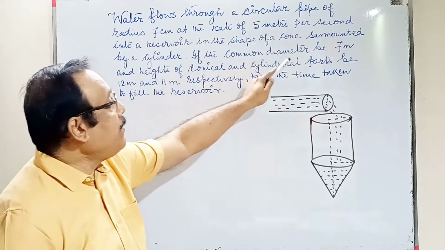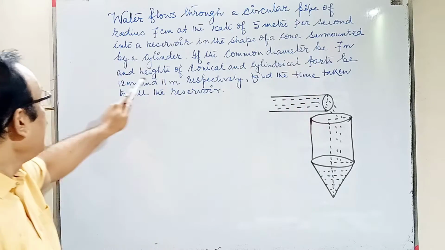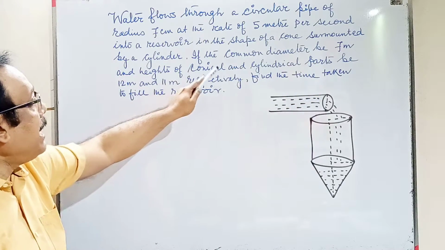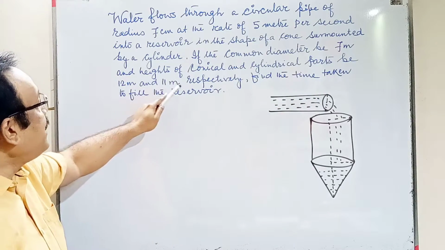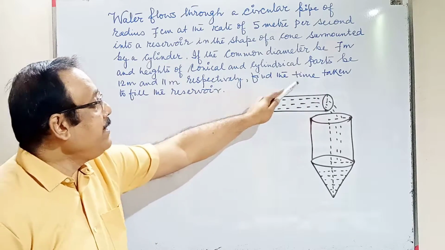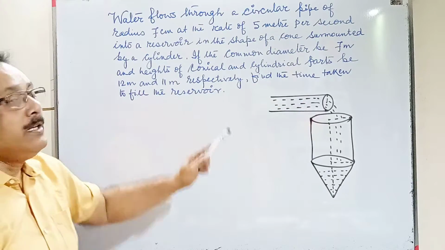If the common diameter be 7 meter and heights of the conical and cylindrical parts be 12 meter and 11 meter respectively, find the time taken to fill the reservoir.